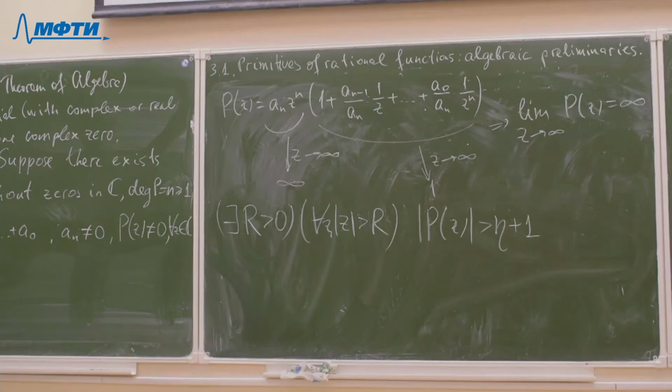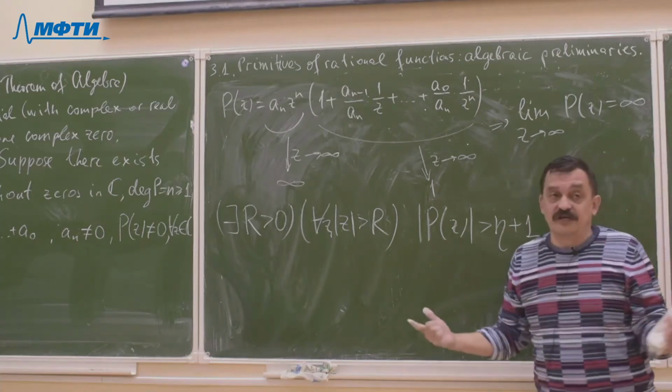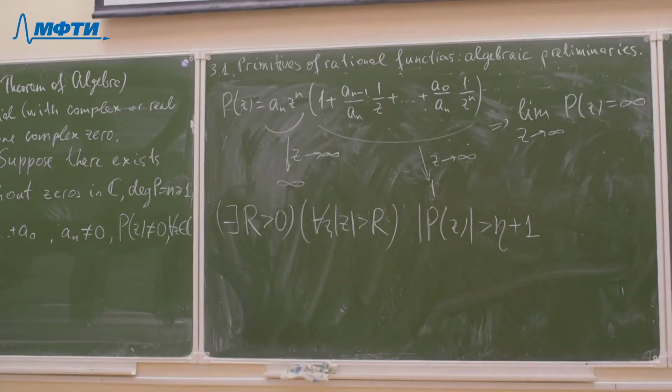Of course, here I refer to some properties of limits for complex numbers, and I'll refer just to intuition. So if a complex number tends to infinity, then it will be sufficiently large when z is sufficiently large.